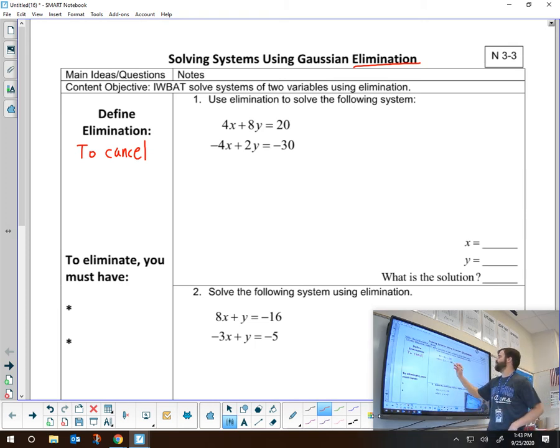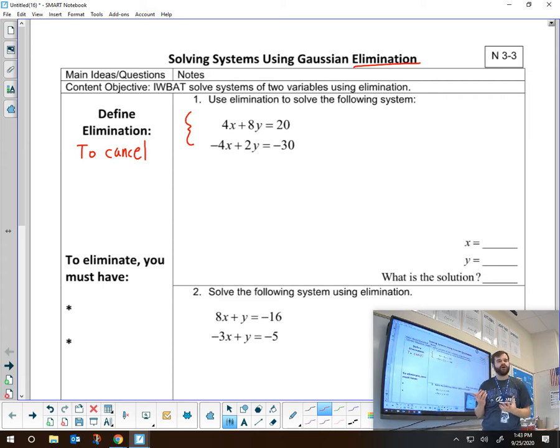Remember with systems of equations, I have two equations, both with x and y. Take a look at this first equation, 4x plus 8y equals 20. Normally, I can't solve that for just x or just y, but since I have a second equation, maybe we can do something. The left side of my equation equals the right side.